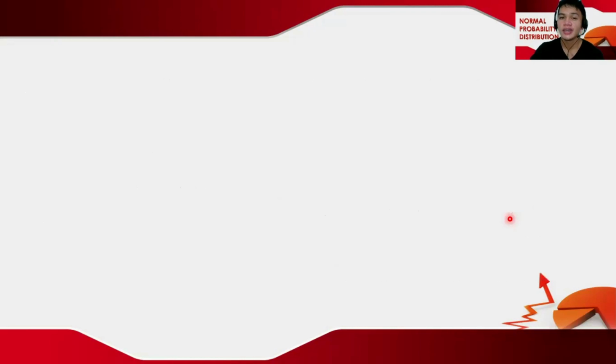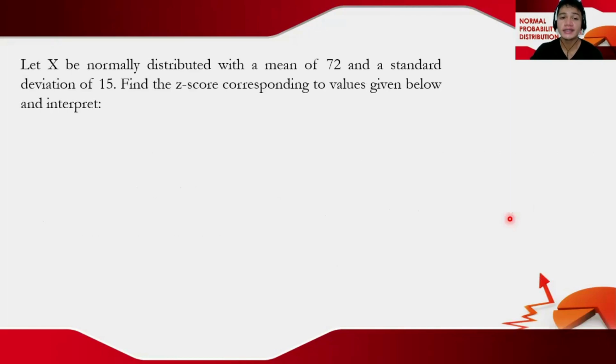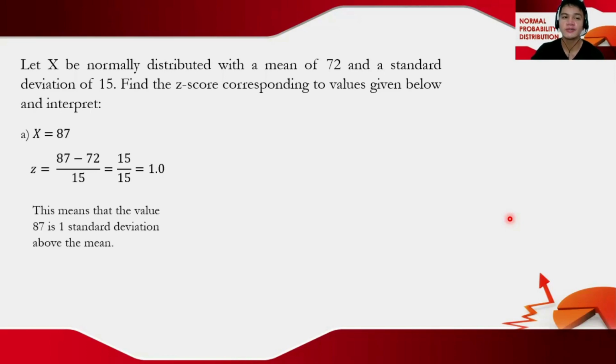To give you an example, let x be normally distributed with mean 72 and a standard deviation of 15. Now, we find the z-score corresponding to the values given below, and we interpret it. So using the formula, if the value of interest is 87, what is our z-score? It's 1, right?